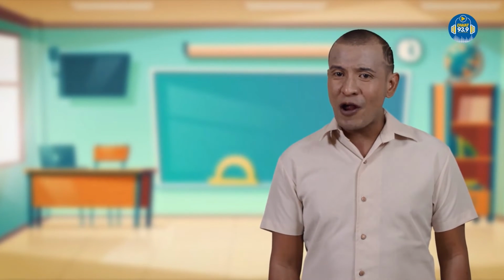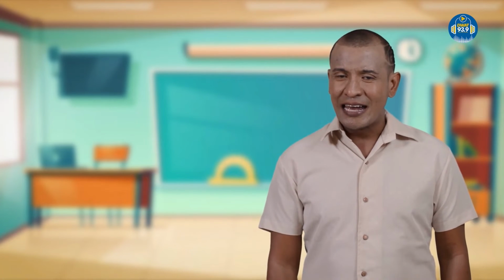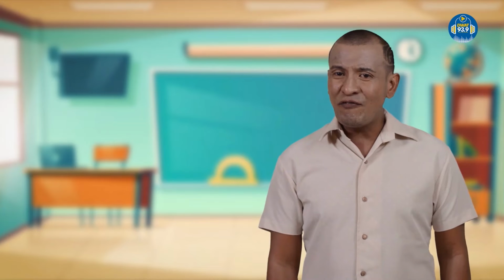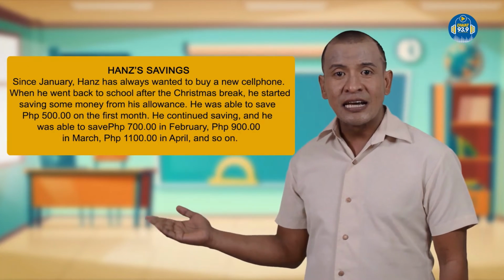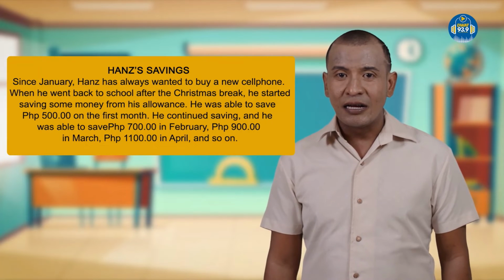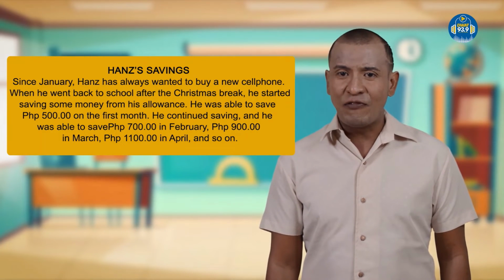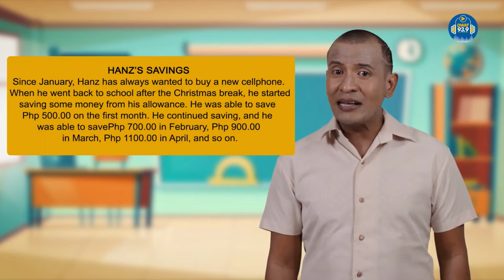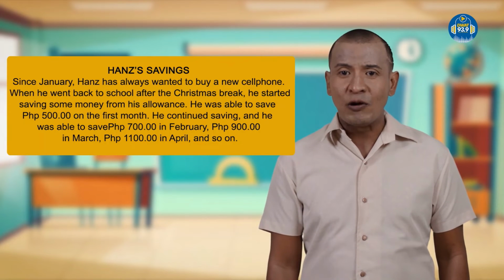Let us have a word problem regarding finding the sum of an arithmetic sequence. Let's consider the following problem. Hans' savings. Since January, Hans has always wanted to buy a new cell phone. When he went back to school after the Christmas break, he started saving some money from his allowance.